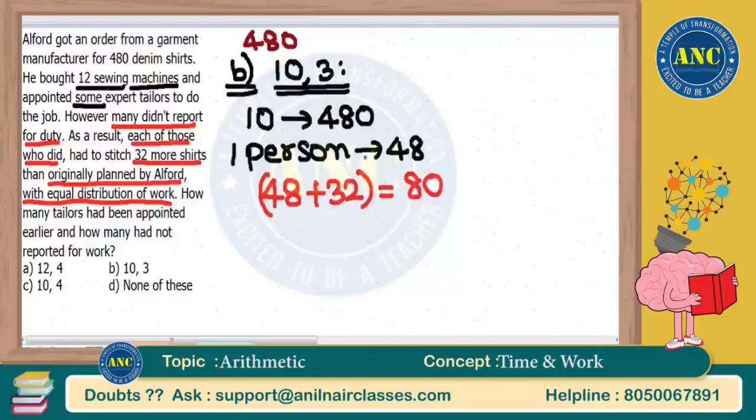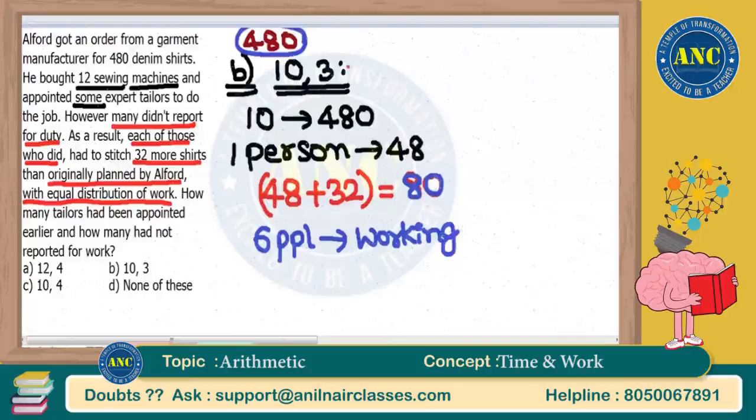Now, if people work for 80 shirts each, totally 480 shirts need to get over. One person is doing 80 shirts. That means how many people are working? 6 people are working, right? Now can I say that if 6 people are working, out of the total 10 people who were appointed, another 4 people are not working.